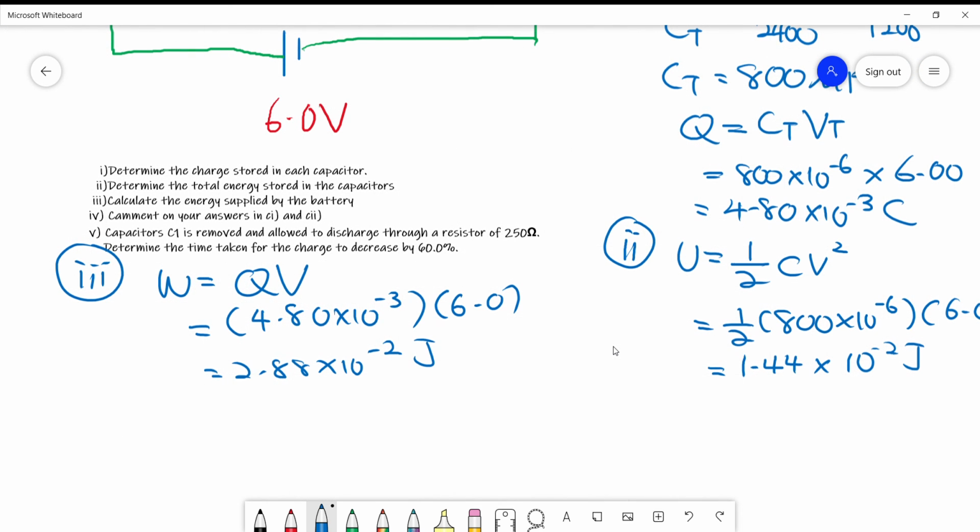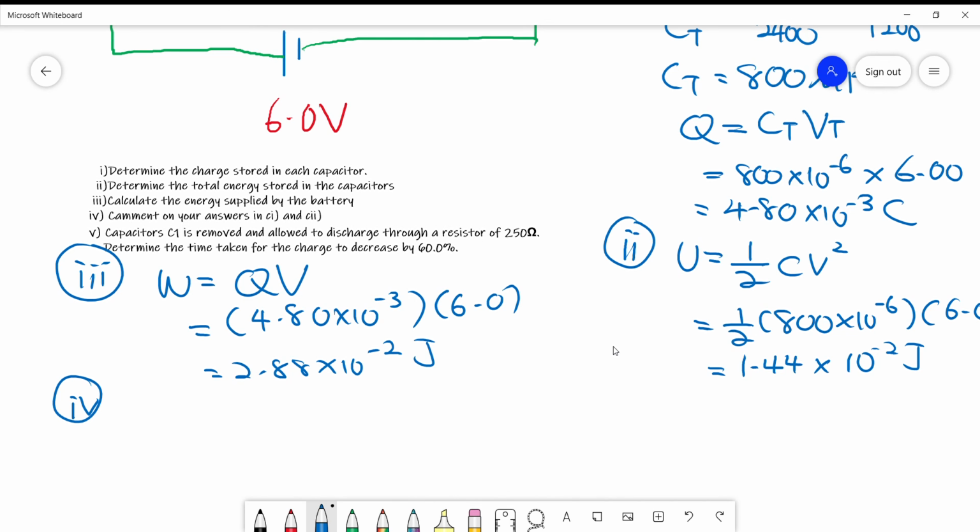So what will be question number 4? Comment on your answer in C1 and C2. So there is actually a difference between C1 and C2. Not C1 and C2, sorry, it should be C2 and C3. So there's an error here.